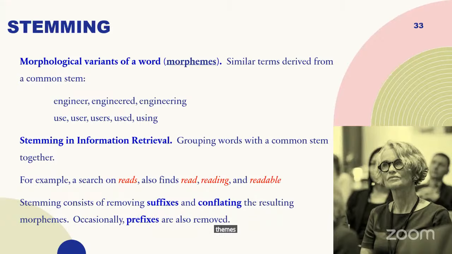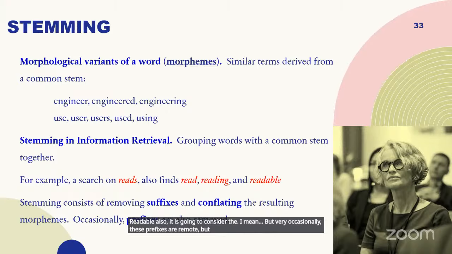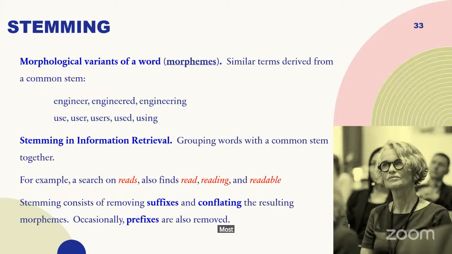For example, reading means it is going to consider the read. Reads means it is going to consider the read. Readable also it is going to consider the read. Very occasionally prefixes are removed, but in stemming mostly suffixes are removed and the word is taken.